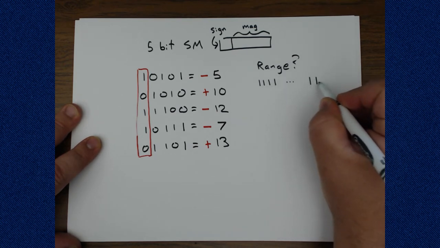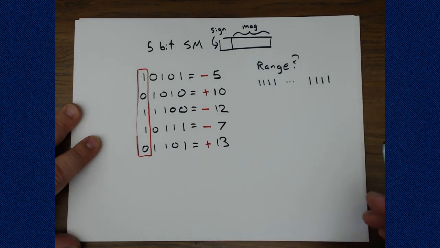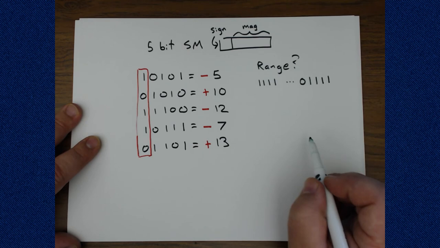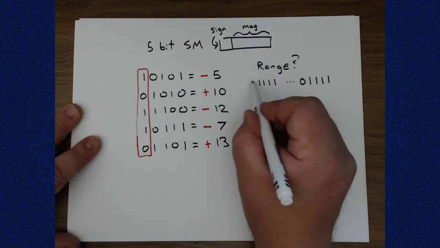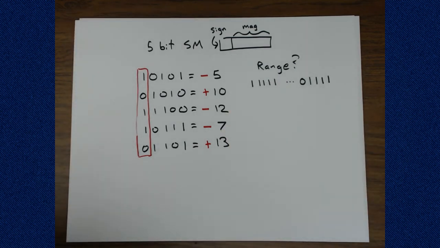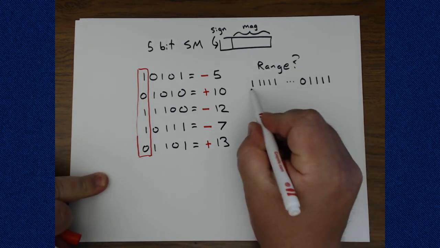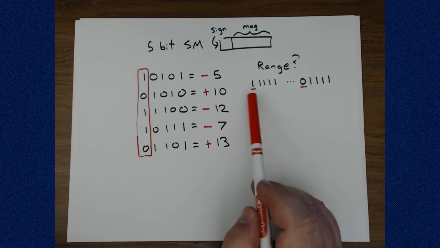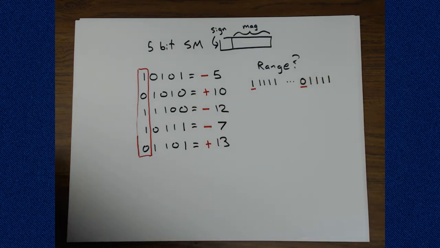But on the high end, the positive end, we're going to have a 0 in the sign bit. And on the low end, we're going to have a 1 in the sign bit. So just as a reminder, I'll underline the sign bits here in red. So this is a negative value, and this one is a positive value, and they define the range.